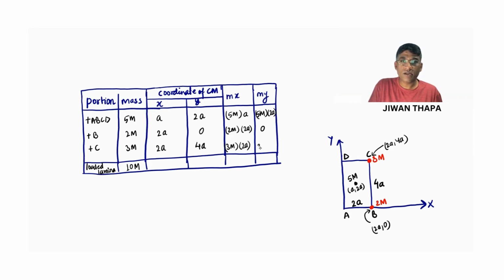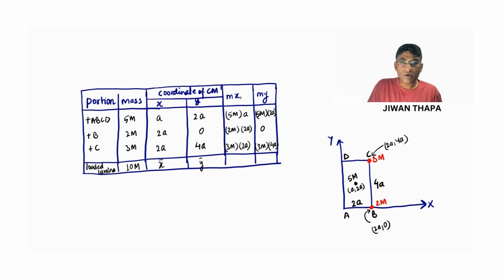So we have 3m times 4A. So this gives me the x coordinate of center of mass, and this gives me the y coordinate of center of mass.